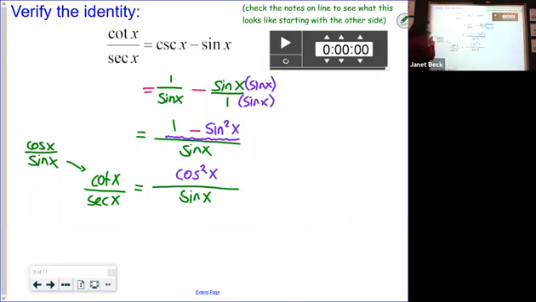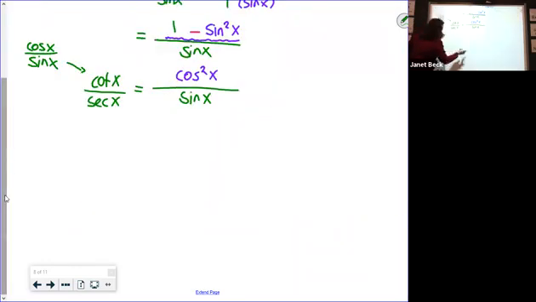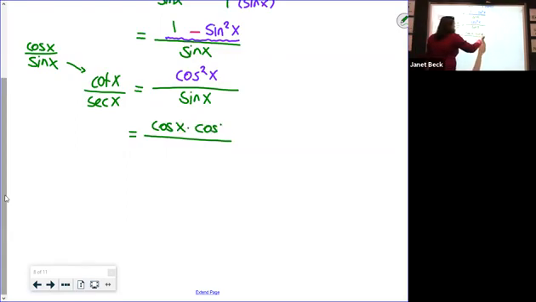But it's giving me a clue what to do. Just thinking like that is giving me a clue what to do. It's telling me, I could split cos squared x into cos times cos. Then I would have cos x over sine x with an extra cos x as well.